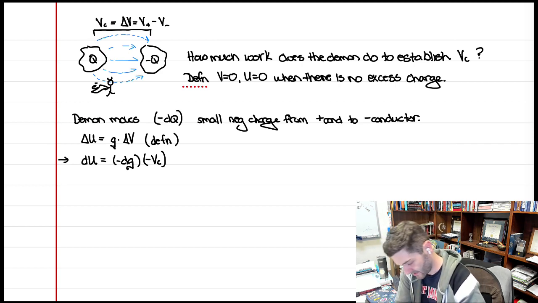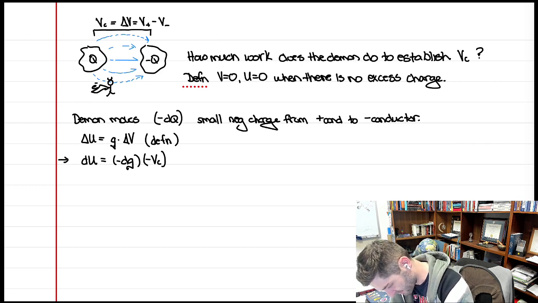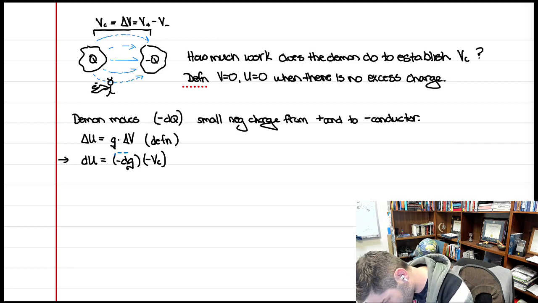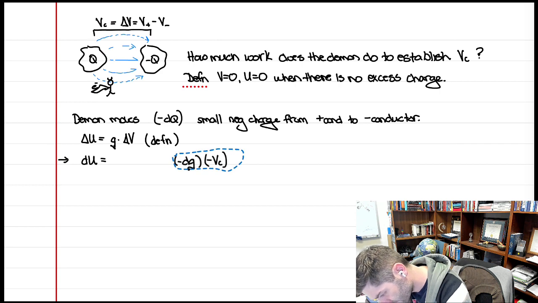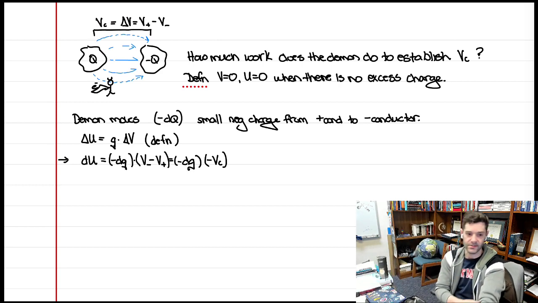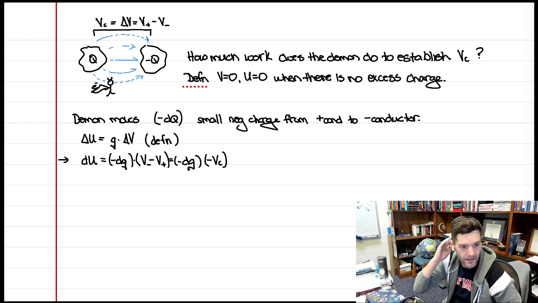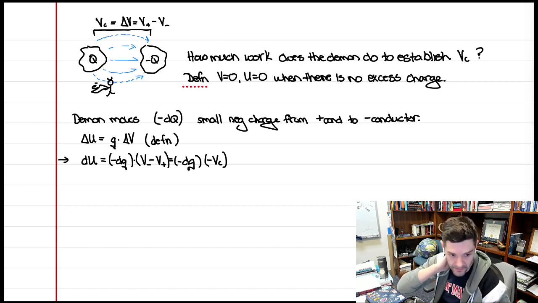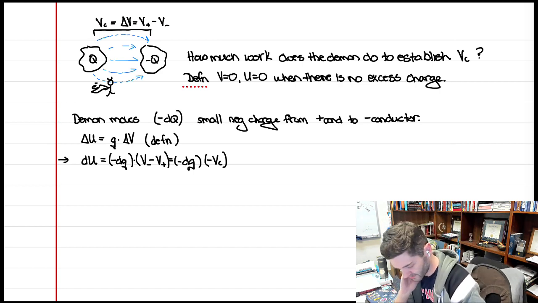And again, I could just be very explicit about where this came from. Let me move that over. This is some small amount of charge multiplied by the ending potential minus the starting potential, which, as you can see, is negative what we are calling V sub c, or the voltage of the capacitor.